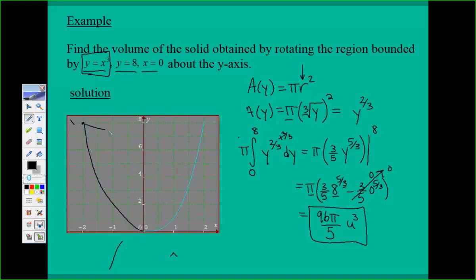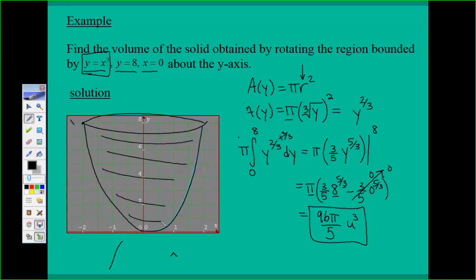And so if we rotate this around the y-axis, we would get this figure here. We just found the volume of this. And that's a solid. It's not like a bowl or anything. This is a solid inside and out.